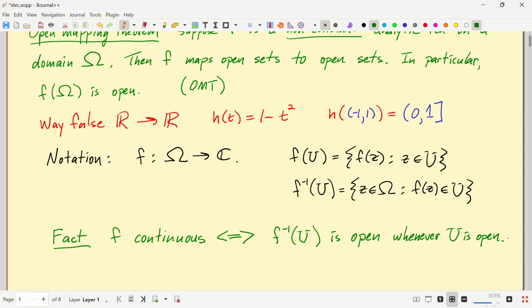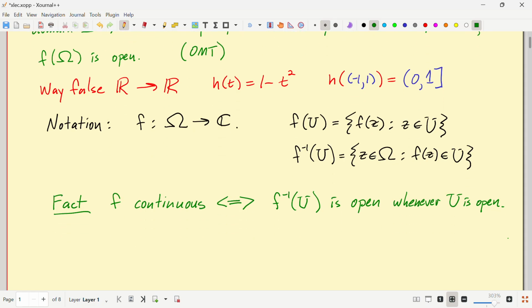Okay. Well, I'm going to use the argument principle to demonstrate the open mapping theorem. Okay, so here's the proof. Proof that the argument principle implies the open mapping theorem.